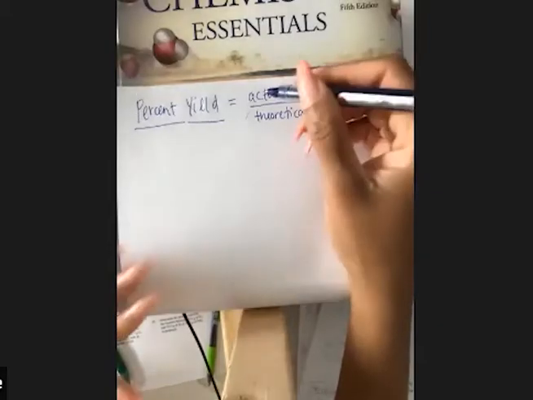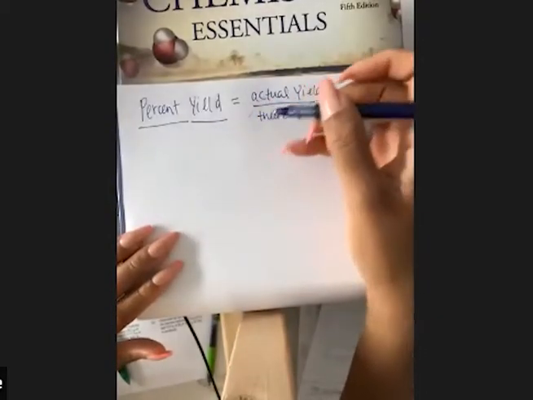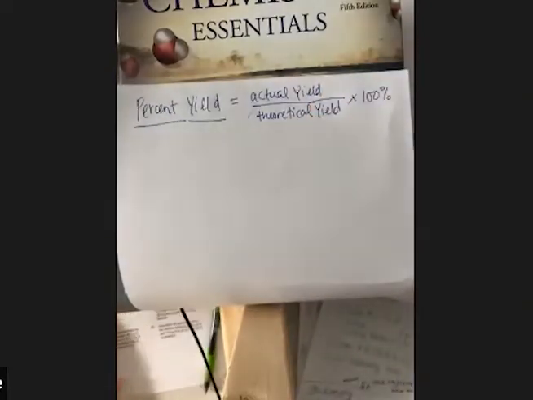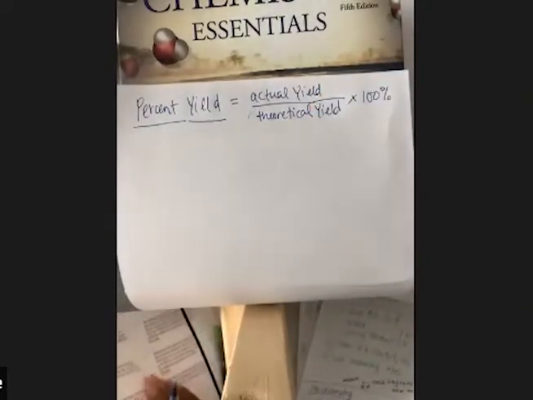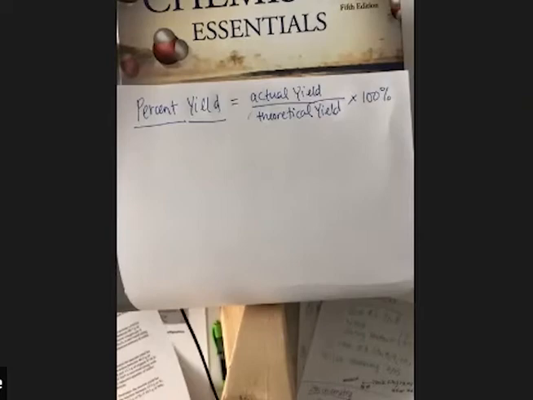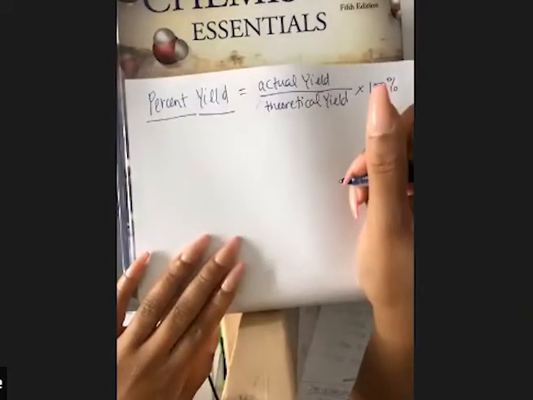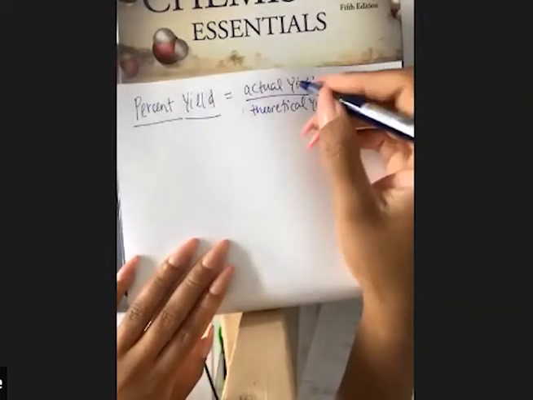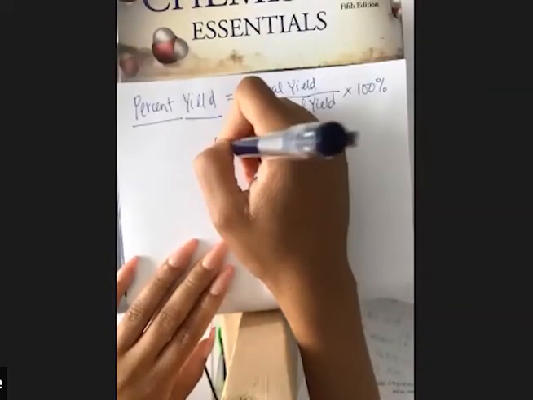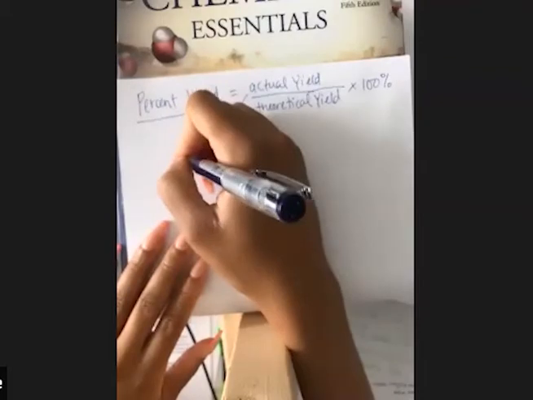So for the actual yield, the question will say, okay, if you made, it'll always give you this number, the actual yield. In this class, this number is always given to you.